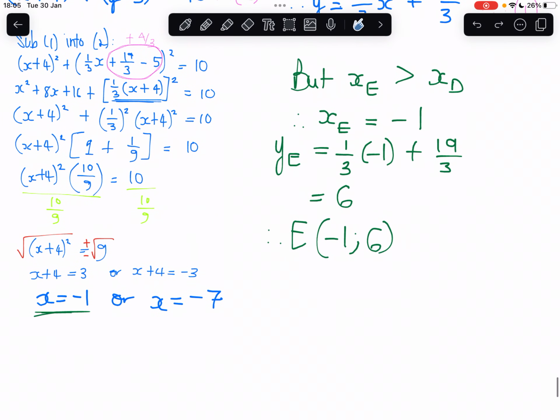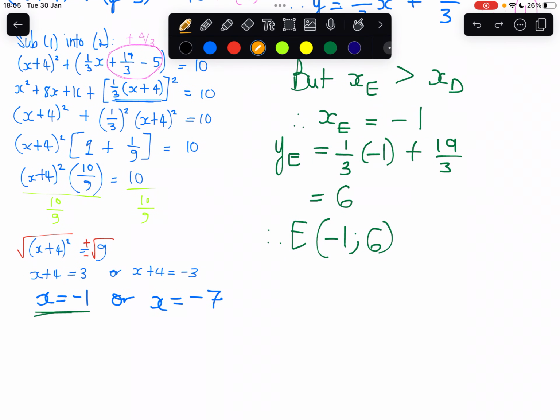Therefore, CE is going to be equal to the y coordinate of C, which is 11, minus the y coordinate of E, which is 6. And then the x coordinate of C is negative 6 minus the x coordinate of E, which is negative 1.